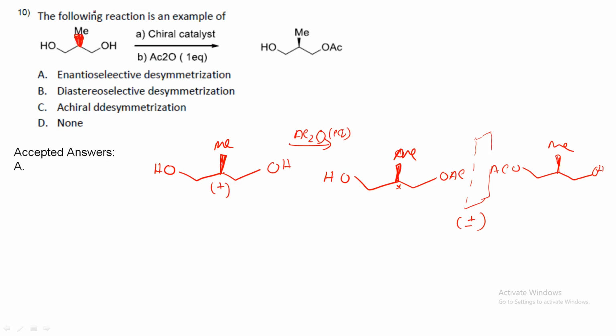So this is one of the things. That's why with a chiral catalyst we are doing the enantioselective desymmetrization. So which kind of catalyst can be used? I have to check what chiral catalysts are used for this type of protection chemistry, and then I can let you guys know.